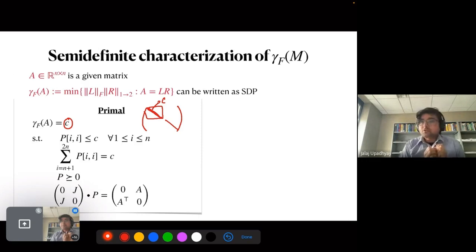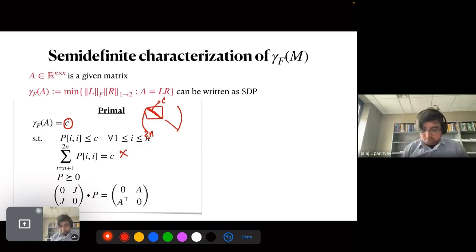A little different from the CB norm characterization. In the CB norm characterization, you do not have this constraint. You only have a constraint that here it is 2 times n. If I am looking at the CB norm, the rest of the constraints are the same.